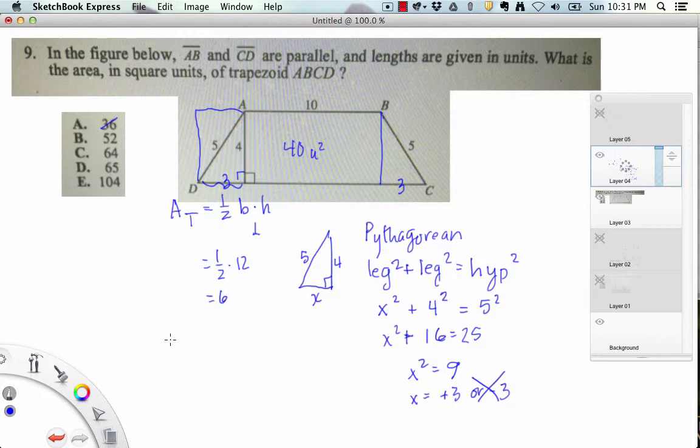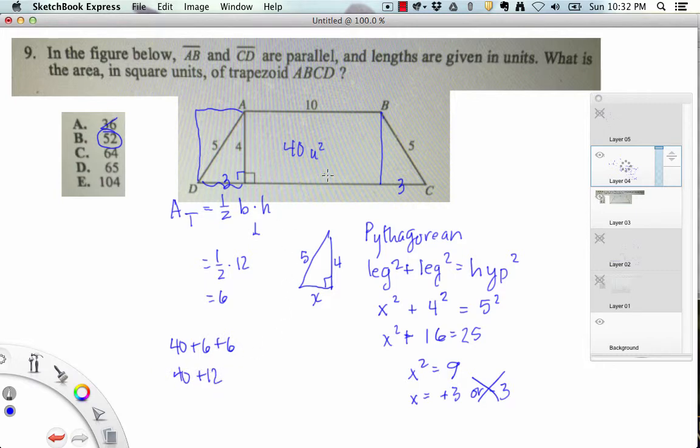So our area is going to be 40 plus 6 plus 6. That's this 52. Okay. If we had thought about it as the rectangle instead, we've got a rectangle 4 by 3, so that's 12. So our answer would have been 40 plus 12.